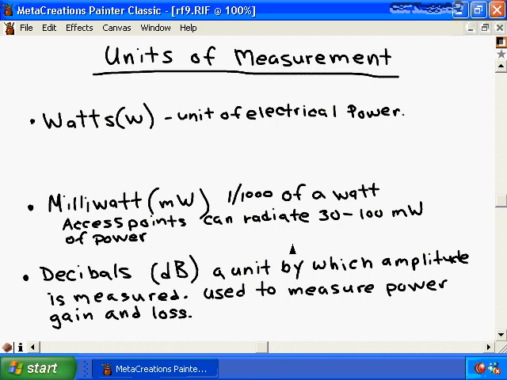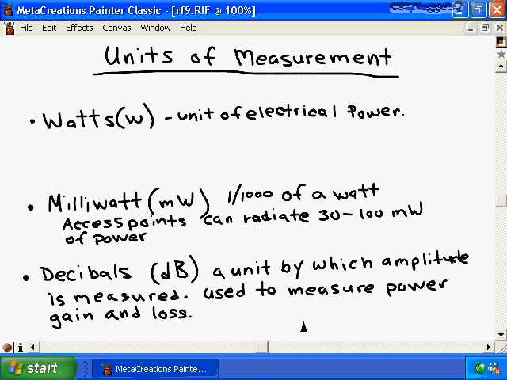In contrast, in a logarithmic scale, a reference point of 0 can't be used simply because the log of 0 does not exist. So, for example, 5 watts of power is an absolute measurement. In contrast, a relative measurement would be the system is losing half of its power. So again, we use decibels to measure the power gain or loss.